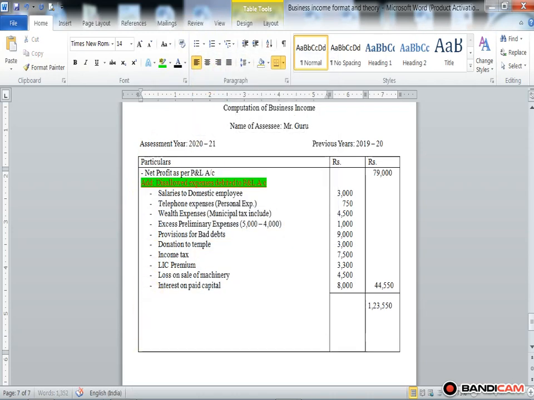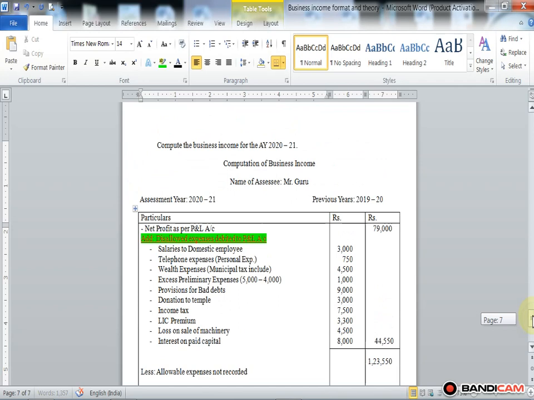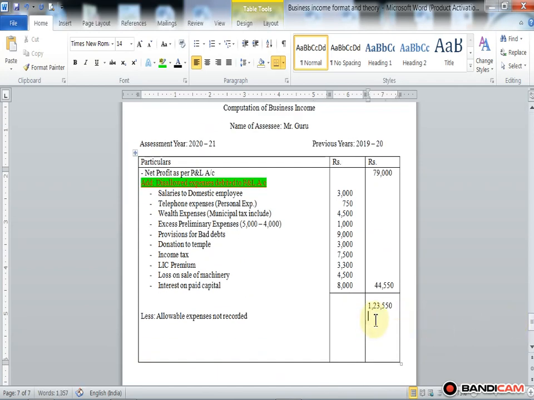So here, less allowable expenses not recorded. Okay, so in additional information, no business expenses are given, so directly we write it as nil.